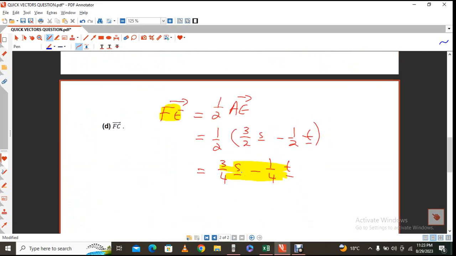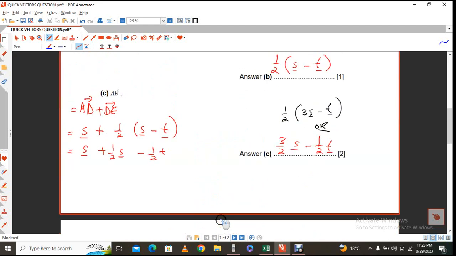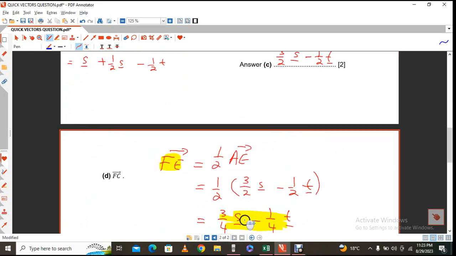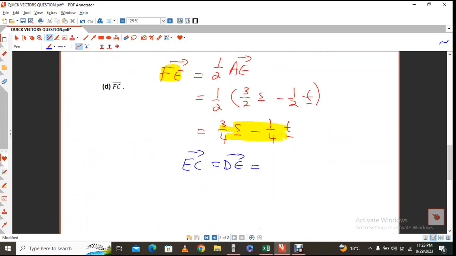So I'm scrolling back and forth. It's a half of S minus T. So that is a half of S minus T. You can also distribute this over, so that's going to give me a half of S minus a half of T.